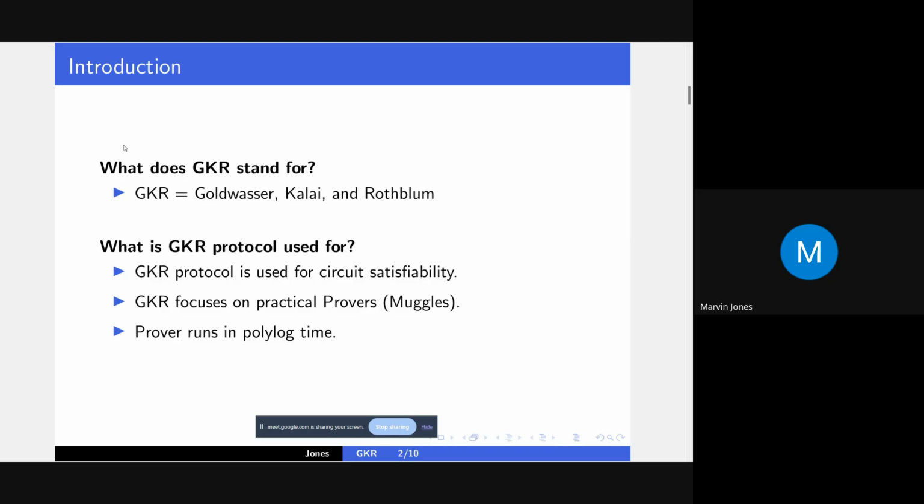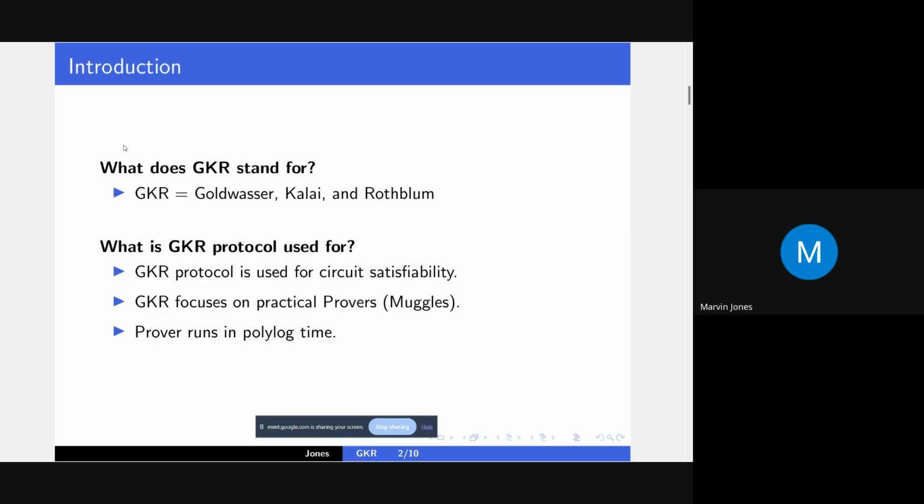And it focused on practical provers, because a lot of the protocols that ZK and interactive protocols in general deal with don't really care how much work the prover does. The prover could be running a supercomputer, and as long as the verifier can verify the claim in a sufficient amount of time, it hasn't really mattered.